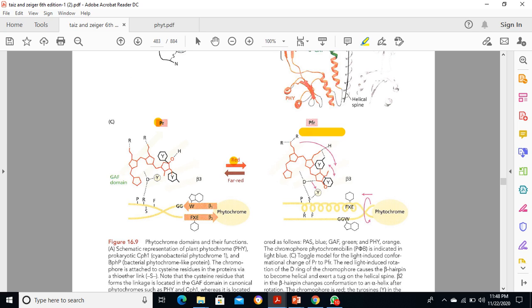When it absorbs red light, it is converted to alpha helix, that is PFR. This PFR is the active form. When it absorbs far red light, it is converted back to beta hairpin. So these are the conformation changes in the protein. These are two models they are explaining. We don't know which is the accepted model; these are possibly proposed models we can say.